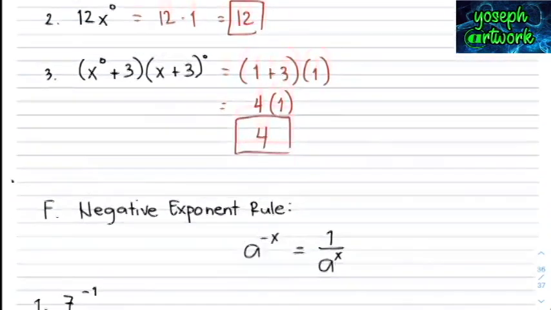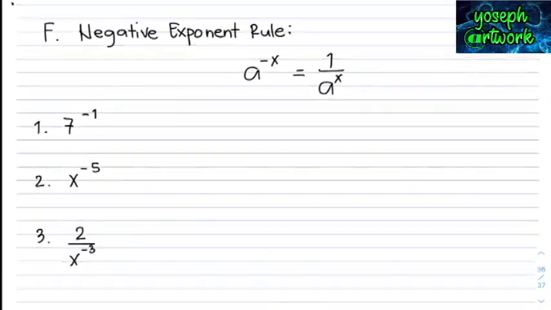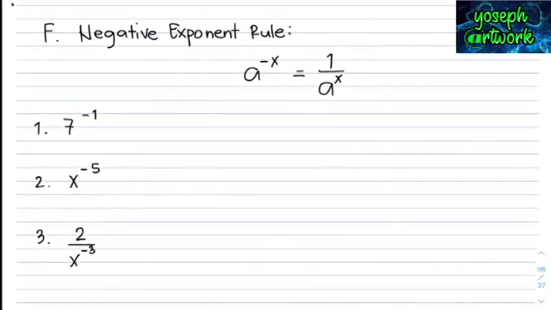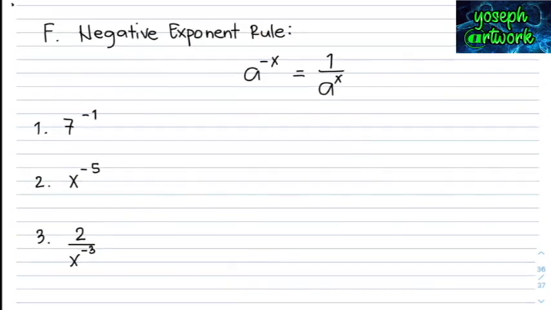Now, let's move on with the last rule na meron tayo sa ating tutorial. We have the negative exponent rule. Ito yung kanyang illustration. You have a raised to negative x is equal to 1 over a raised to x. So, pinaka-concept kasi nito, hindi tayo nag-accept ng negative exponent sa final answer, sa simplifying of expressions.